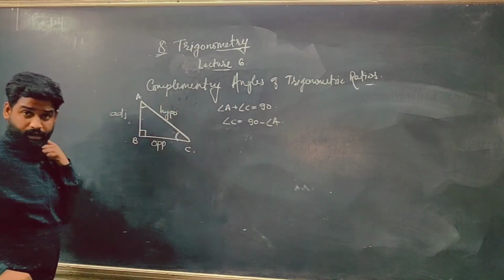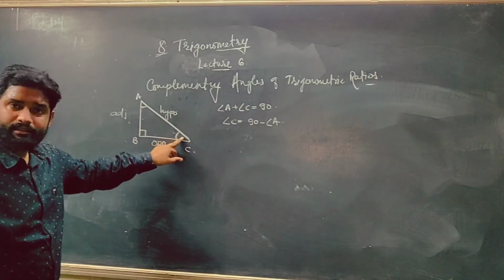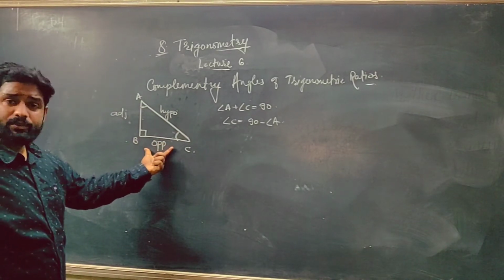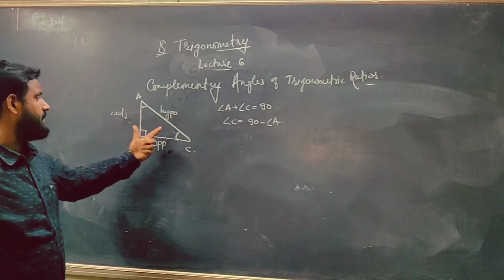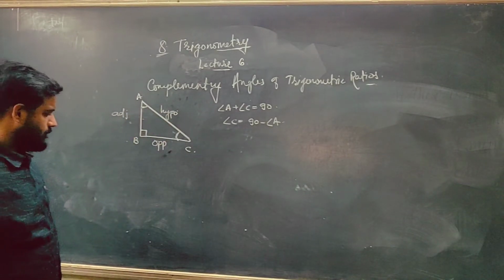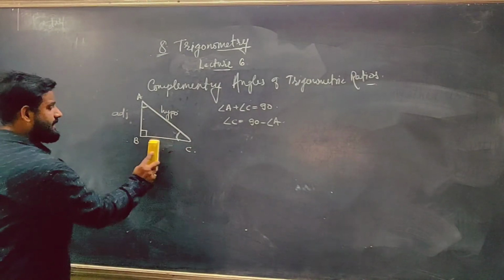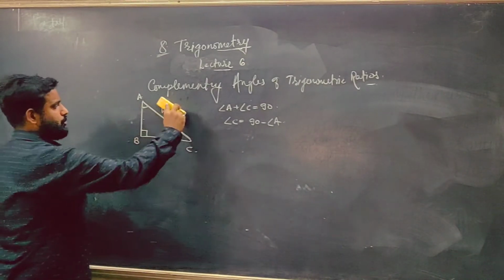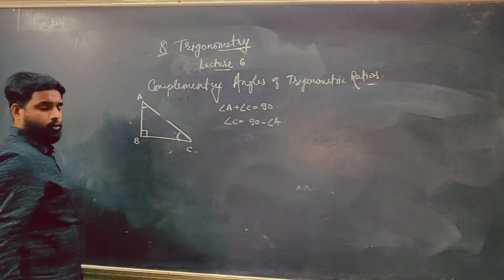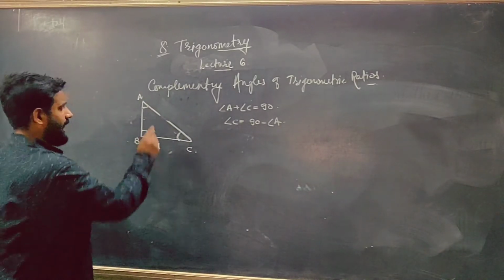You know this thing. And if you are considering this as angle C, this will be adjacent, this will be opposite, and hypotenuse will be hypotenuse. I am not writing it because I may change the angle at any desired time. So you must know that angle C is 90 minus A.